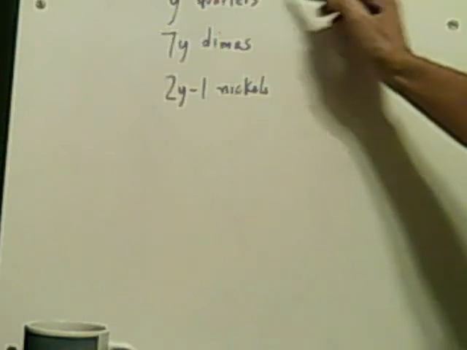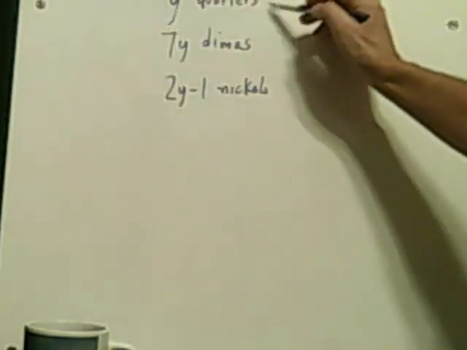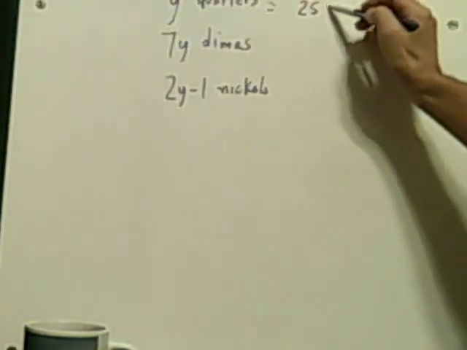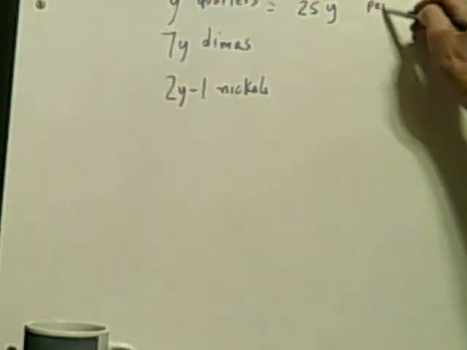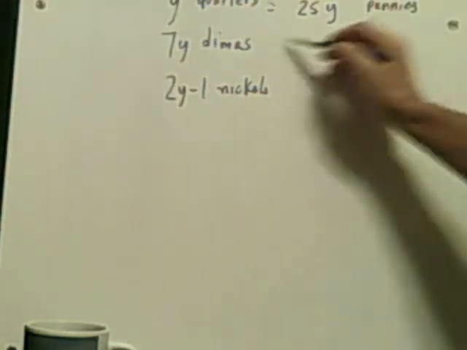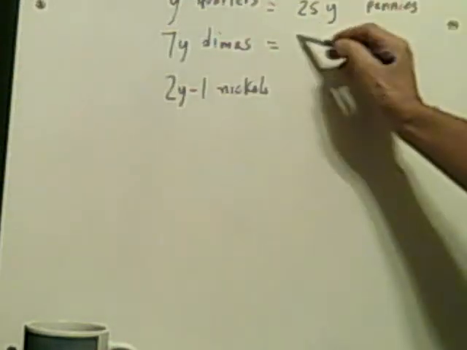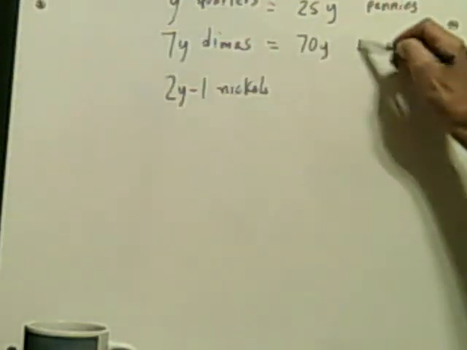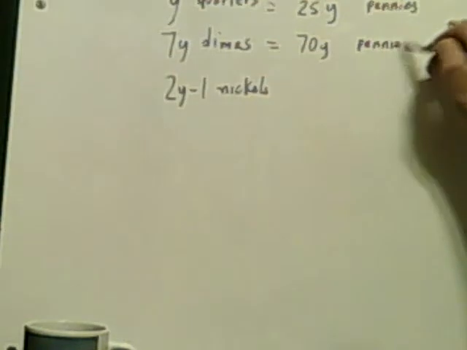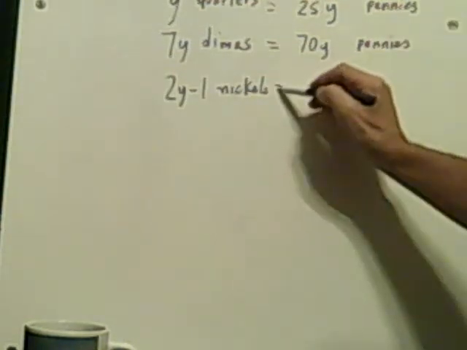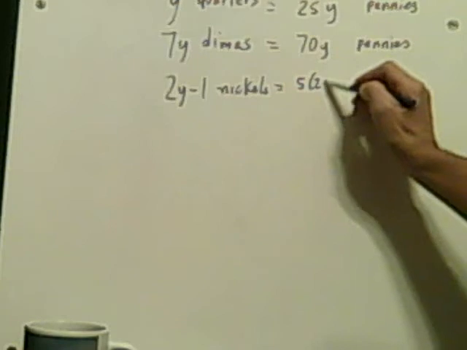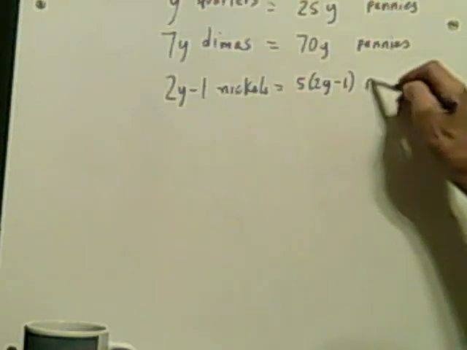So y quarters is going to be equal to 25y in pennies. 7y dimes is going to be 10 times that, or 70y pennies. And the nickels is going to be 5 times (2y minus 1) pennies.